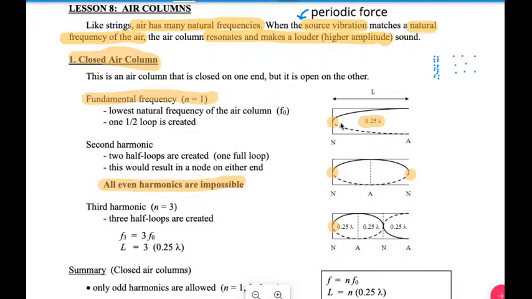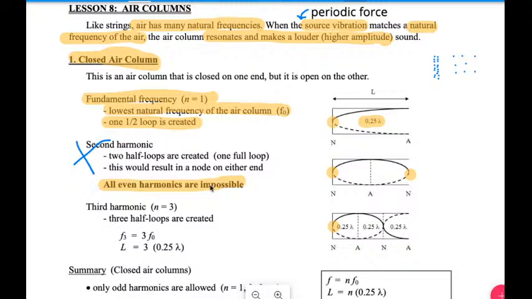We have one node, one antinode. So fundamental frequency is the lowest natural frequency of the air column, our F0 or F1, and we're only creating a half loop. So that's the big difference with strings and closed air columns. Only a half a loop is created by the fundamental frequency, right? So second harmonic is impossible. This doesn't exist, right?